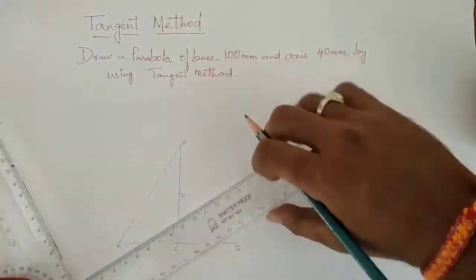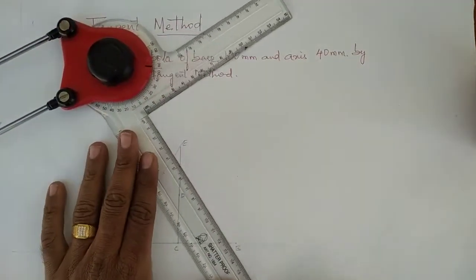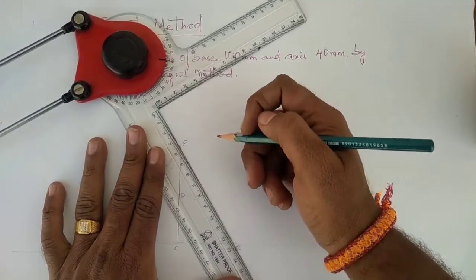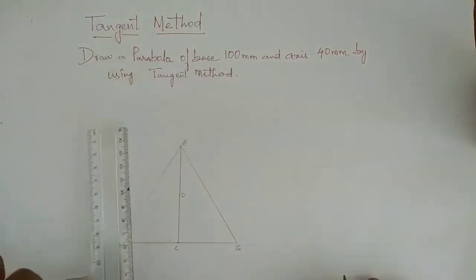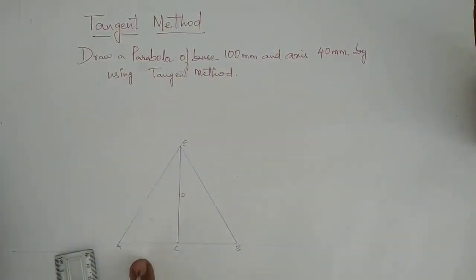Join A to E as well as B to E, so that it appears like a triangle ABE.